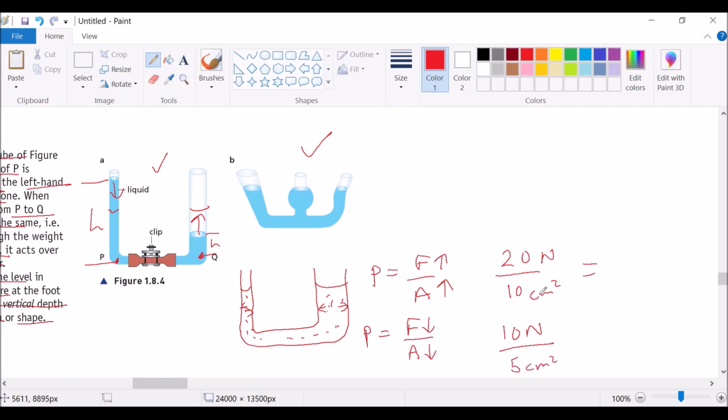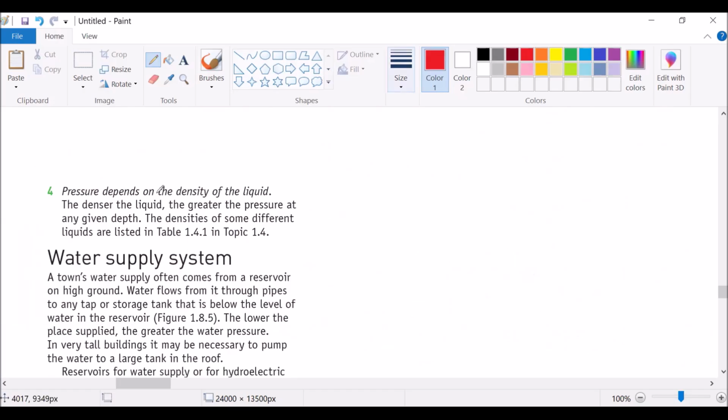Now, the same value of pressure will be 2 here and there. So a smaller area and a smaller force will maintain the same pressure as a larger area and a larger force. Pressure depends on the density of the liquid.